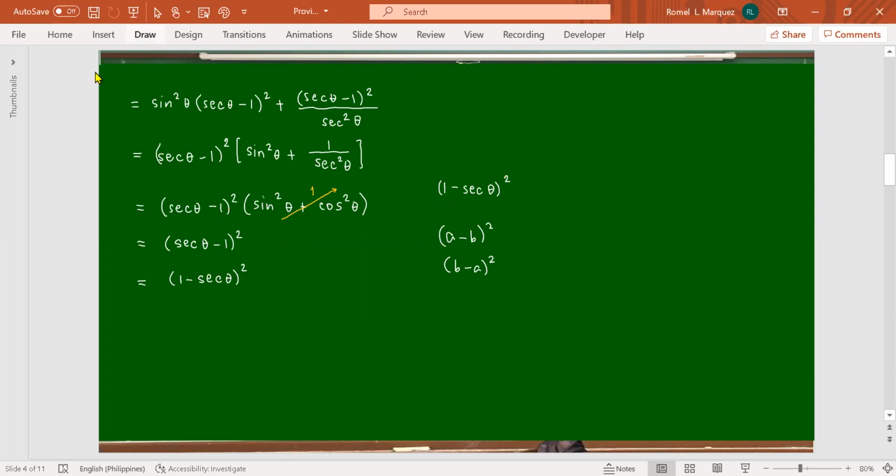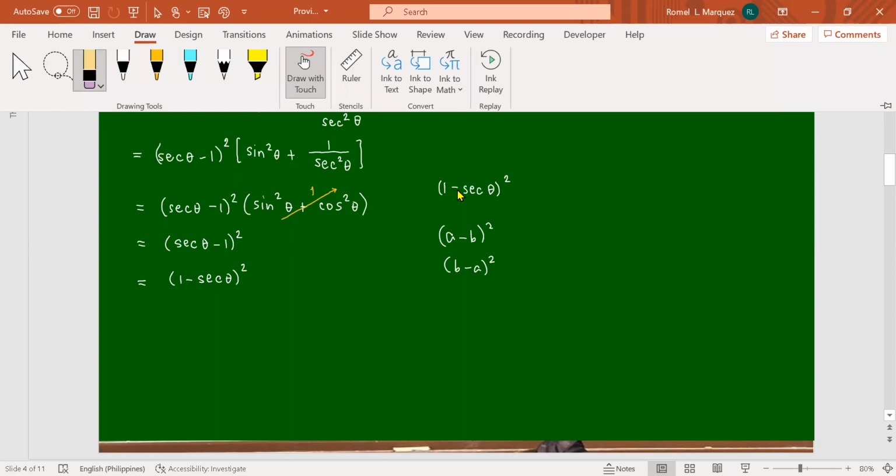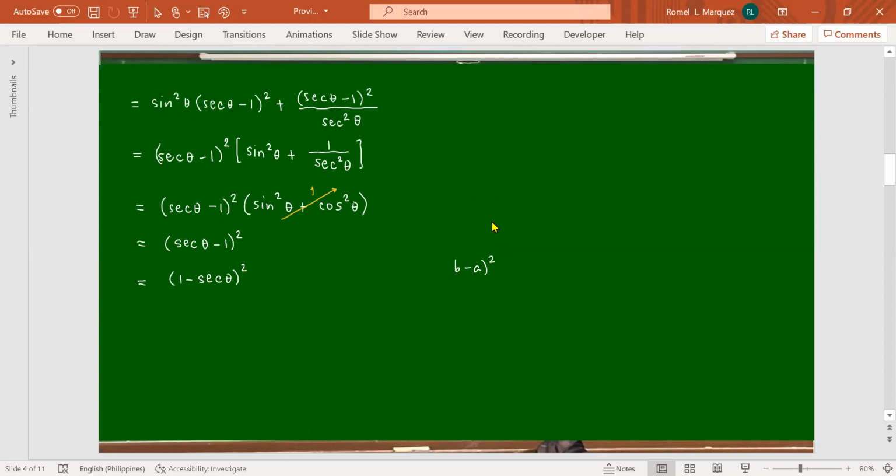So again, from your algebra, a minus b quantity squared is equal to b minus a quantity squared. Interchanging the position of the terms inside, if it is raised to an even power, specifically raised to 2, this is equal to b minus a quantity squared, okay?